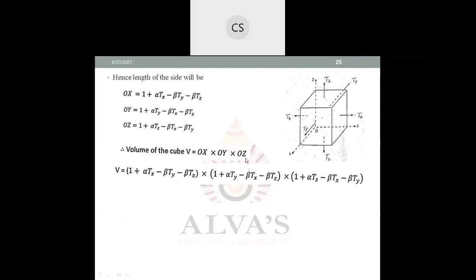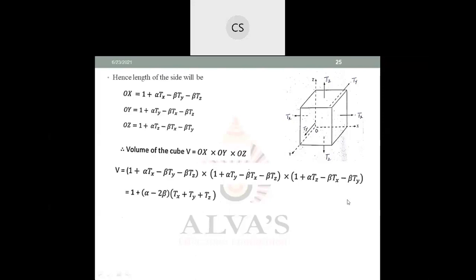Alright, let us substitute that. V is equal to 1 plus alpha Tx minus beta Ty minus beta Tz, into OY, 1 plus alpha Ty minus beta Tx minus beta Tz, into OZ, which is 1 plus alpha Tz minus beta Tx minus beta Ty.